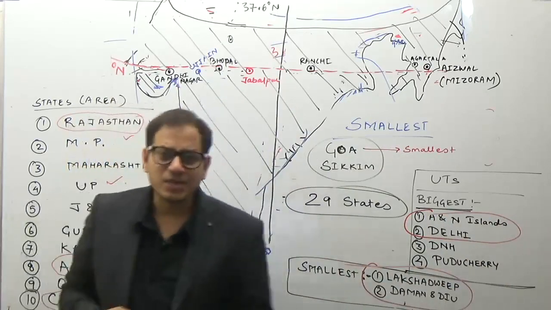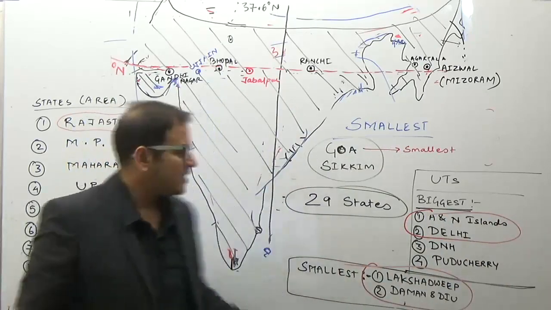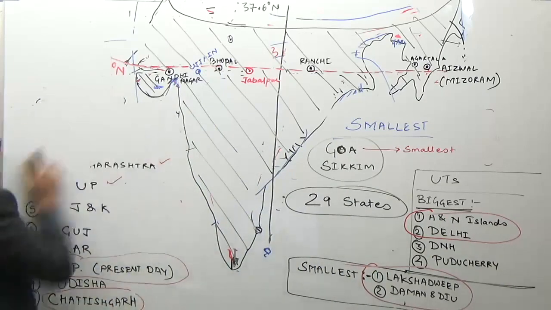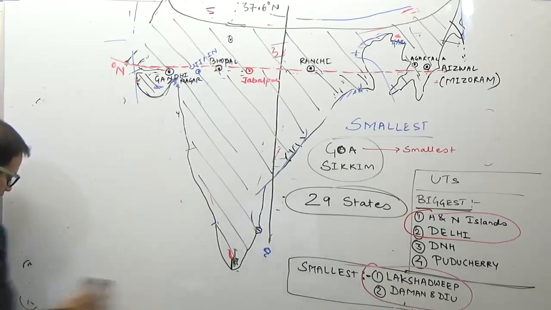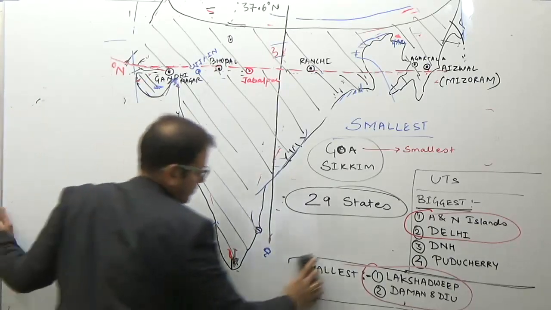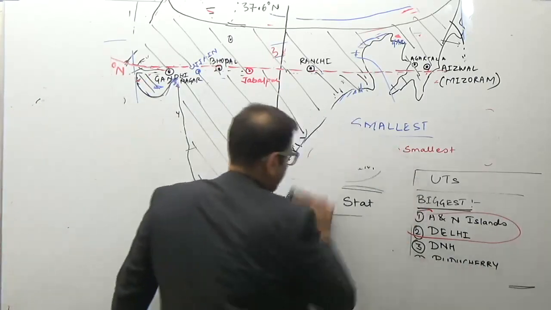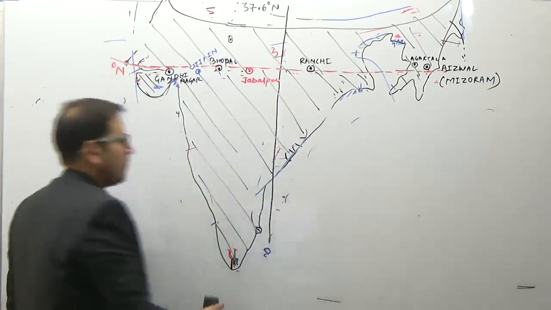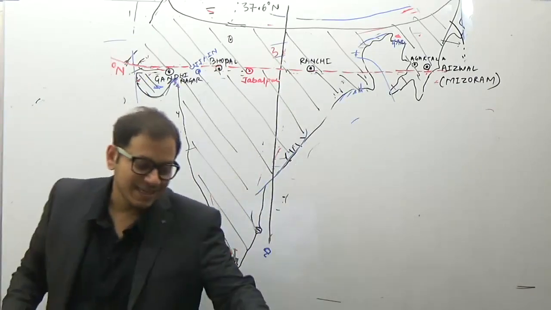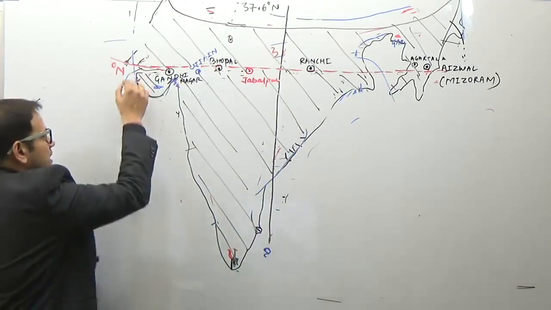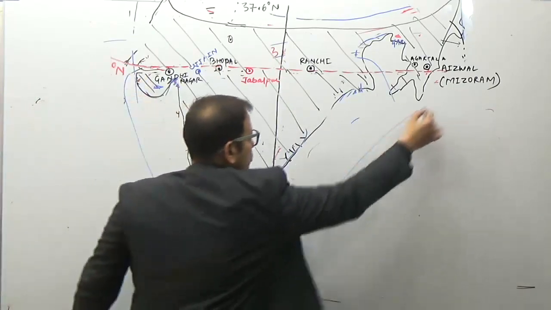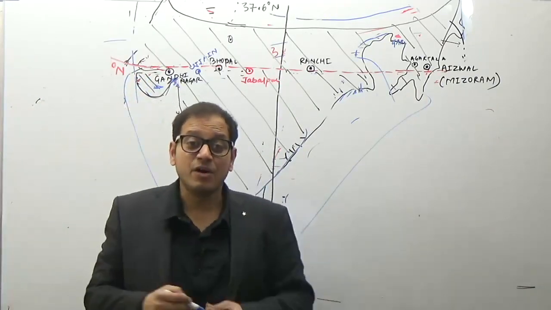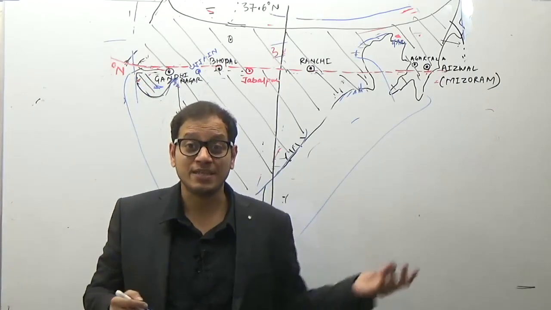Now let us look at the coastal states in India. This part of India is the coastal region of India. How many coastal states are there in India? How many states have a coast or seashore near them?